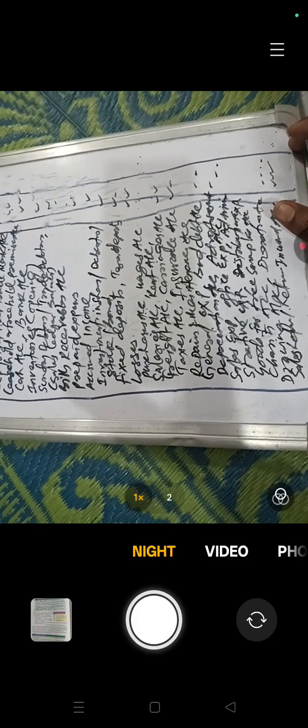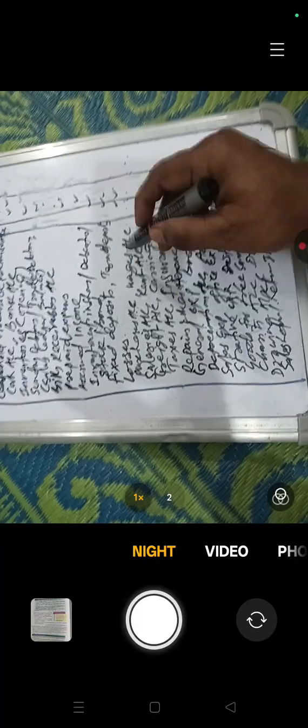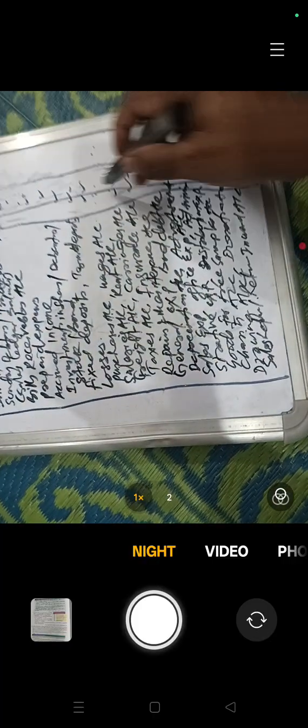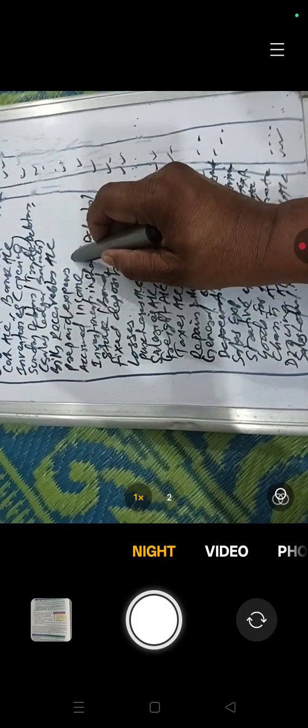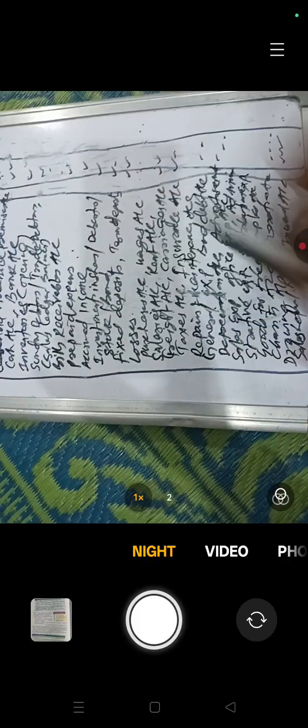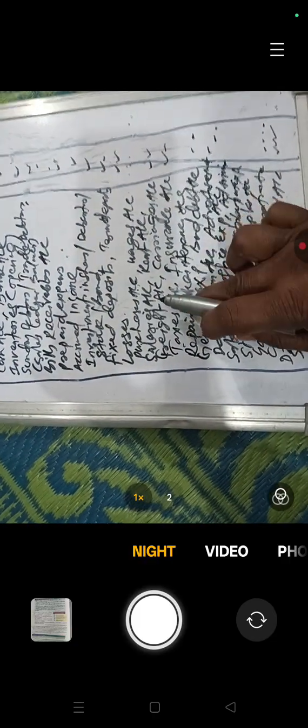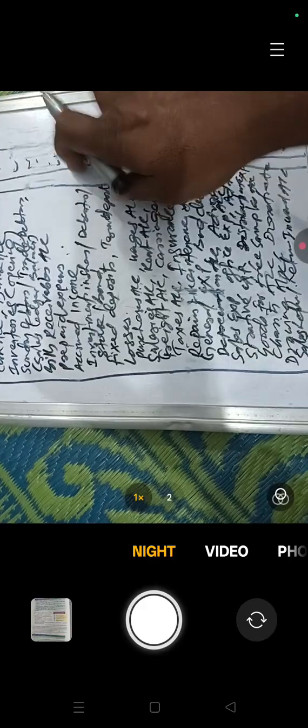In the same way, the expenses and losses of that organization, for that particular year or particular month, all those expenses and losses accounts will be shown on the debit side of the trial balance. One thing is to be clear: if it is prepaid expenses, that is not an expense, that is an asset. And if it is only expense, then it is an expense. Like taxes account is an expense, but if it is mentioned prepaid taxes, the prepaid taxes is an asset, and it will be on the debit side.